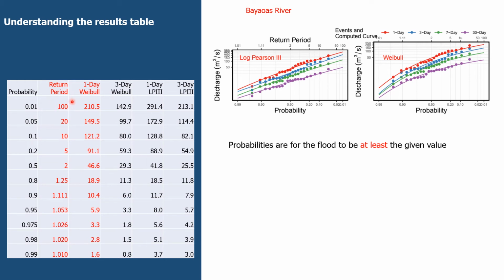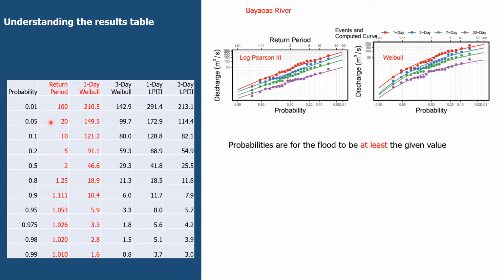For 1 day events, the Weibull is suggesting 210.5 cubic meters per second. The log Pearson 3 is suggesting 291.4, quite a lot higher for the log Pearson type 3, based on the fact that this part of the curve is steeper than the equivalent part on the Weibull plot.